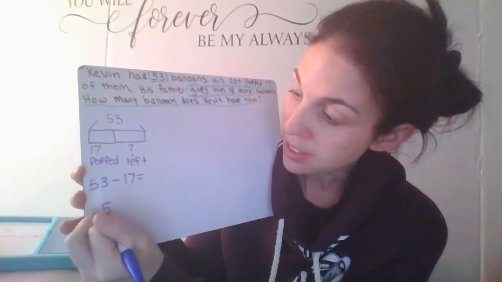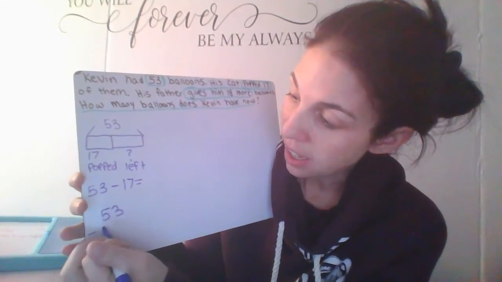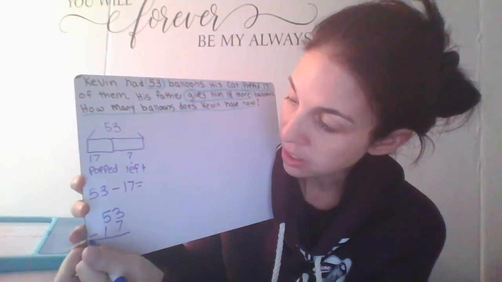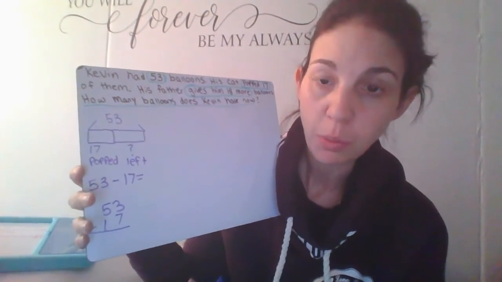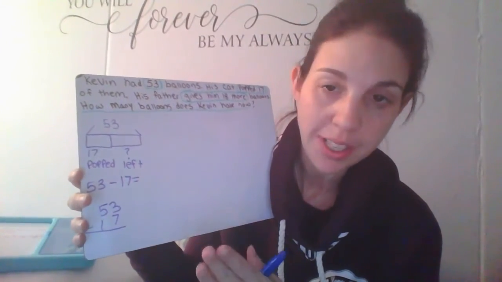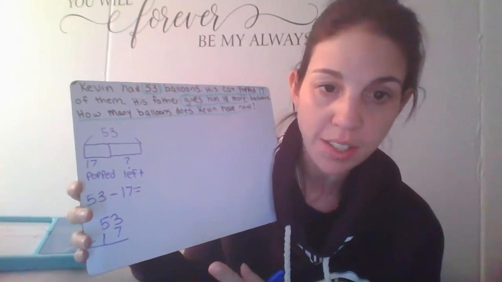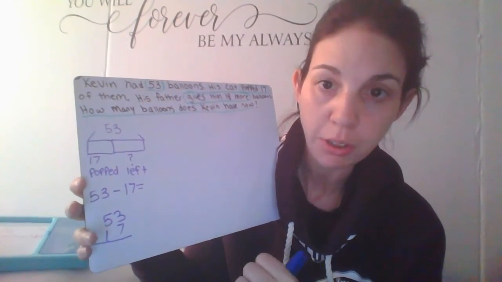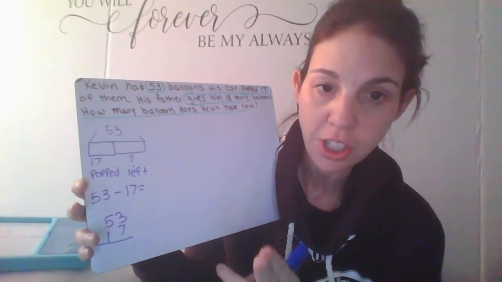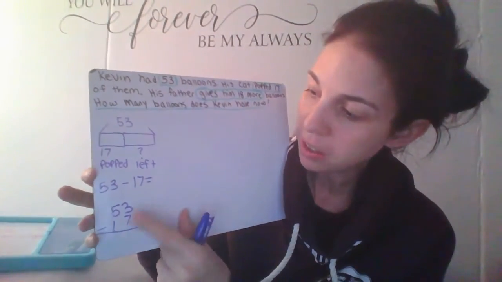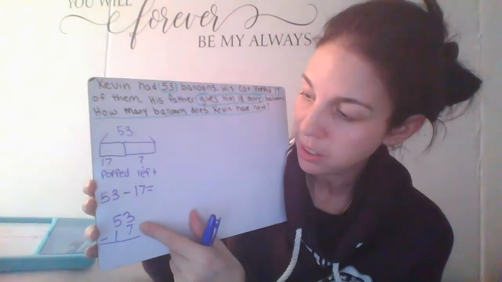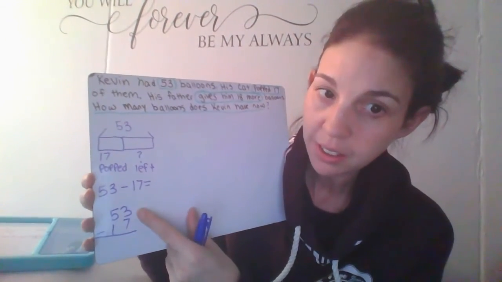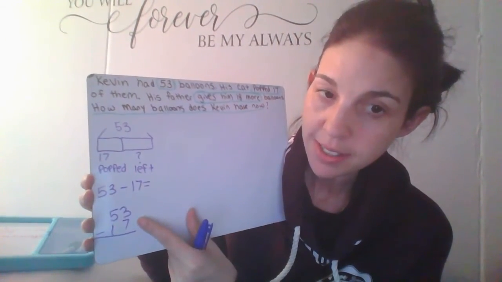And we have worked a lot on subtraction. And here you can do your subtraction, whichever strategy made the most sense to you, whichever strategy was easiest for you, you can do the subtraction on your paper. 53 minus 17. Go ahead and write that on your paper.